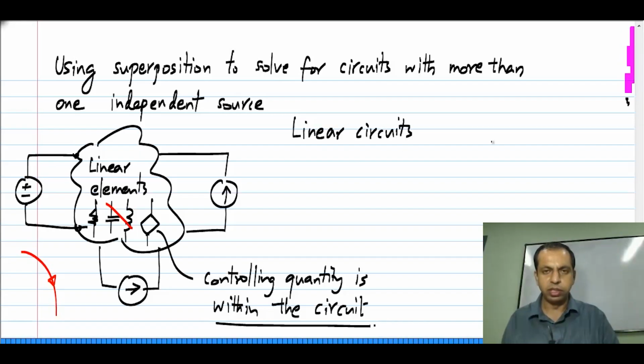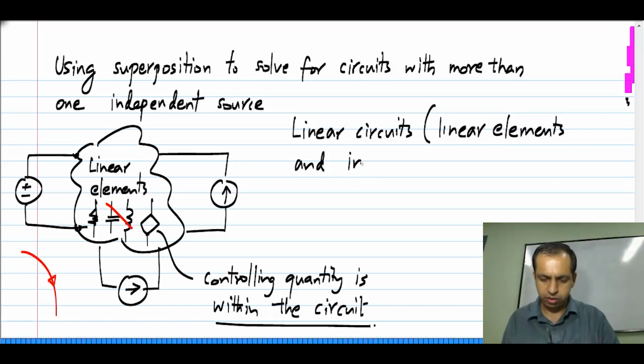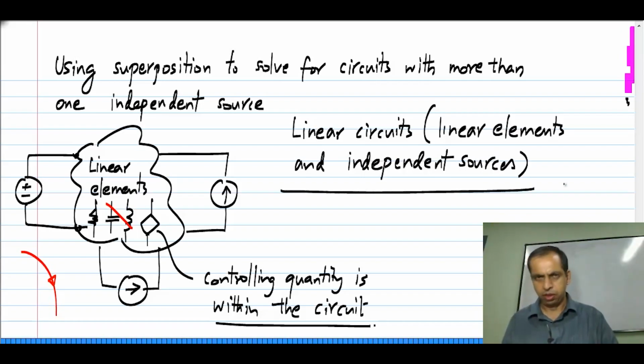So, we will call these linear circuits. Obviously, it means a circuit that consists of linear elements and independent sources.